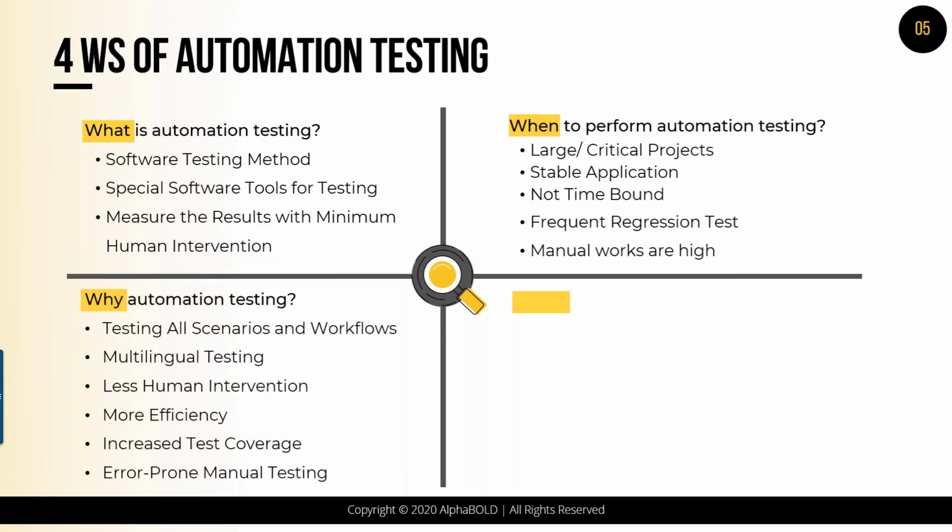Why to perform automation testing? Basically, manual testing of all the workflows, all fields, and the negative scenarios is time and money consuming. Clients are growing and launching their products globally, so it is very difficult to test multilingual sites manually.